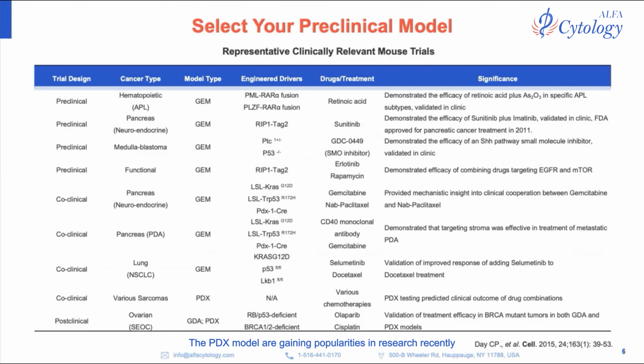PDX models are gaining popularity in research recently. PDX models involve transplanting human tumor tissues directly into mice, preserving the tumor's genetic characteristics and heterogeneity. This allows PDX models to more accurately reflect the human disease, making them invaluable for translational research.